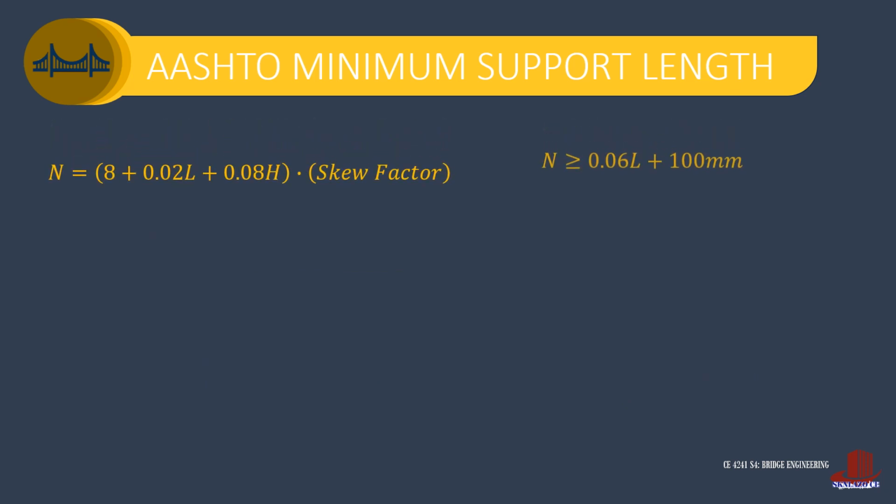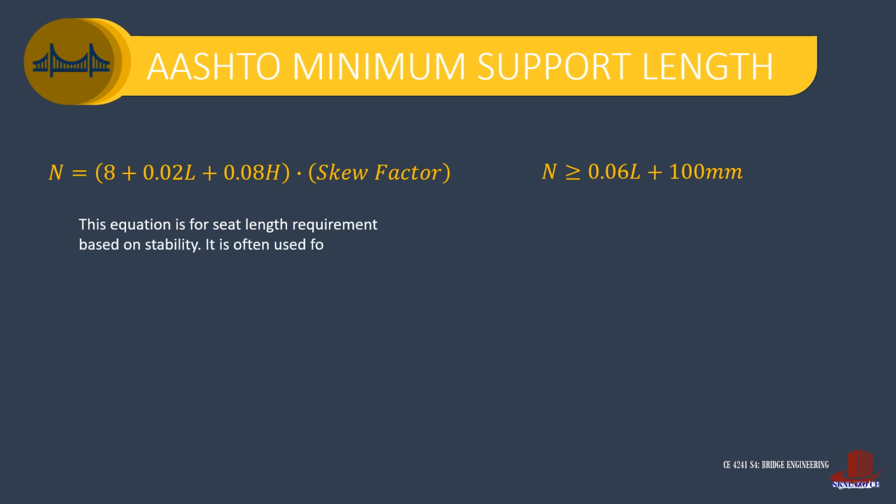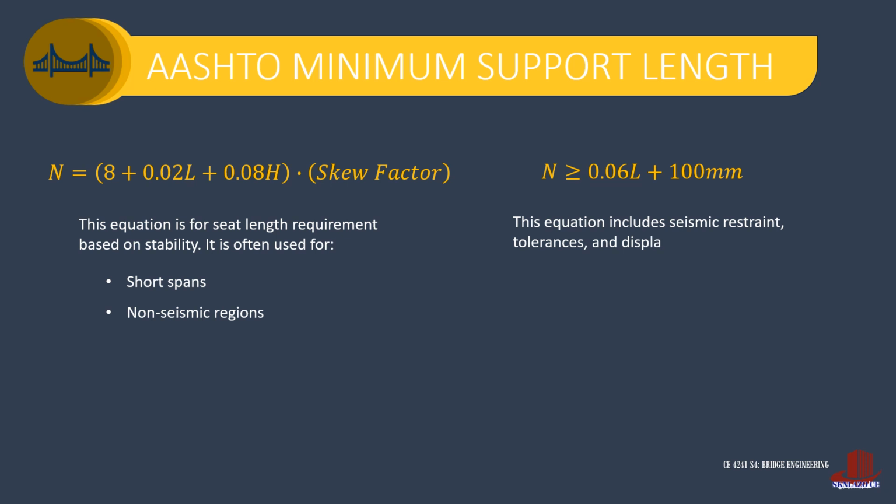With the two equations used for AASHTO minimum support length, what do we use? The equation provided by NY DOT is for the seat length requirement based on stability. This is for short spans and non-seismic regions. While the shorter equation includes allowance for seismic restraint, tolerances, and displacement demands.